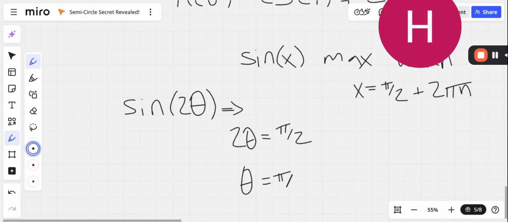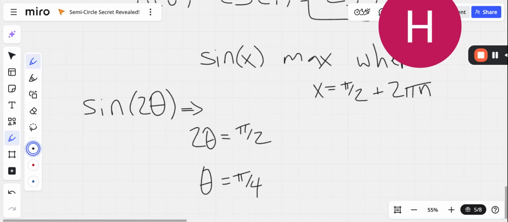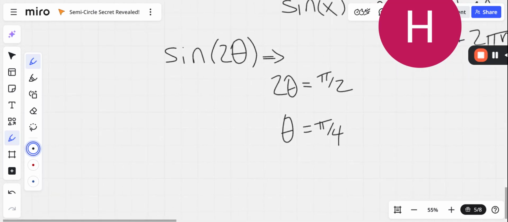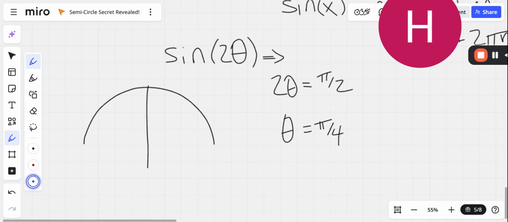Now that is not a value for w. It does give us an angle, interestingly enough. So if you imagine the semicircle, which I'm not great at drawing, but that's my best shot, the angle of 45 degrees is exactly where the corner should hit the semicircle. So that does give us a visual understanding of what's going on.